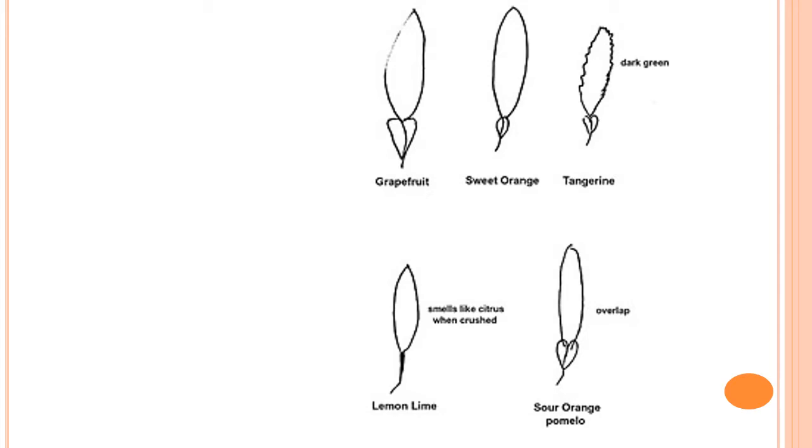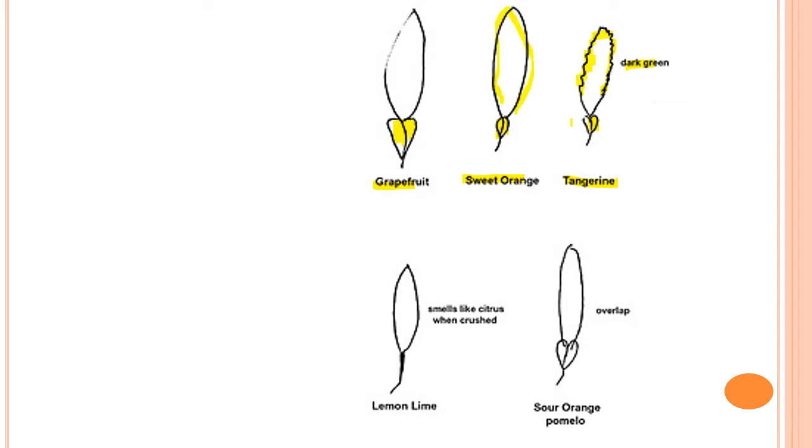You can actually tell the different types of citrus from the leaf itself. Here, for example, you can tell this is a grapefruit because you can see the wings are large. See, these are the wings for the grapefruit. You can see the wings are smaller for the sweet orange. They are also smaller for the tangerine. These are equal, but here you have a dark green leaf and serrated like this. Here they are straight.